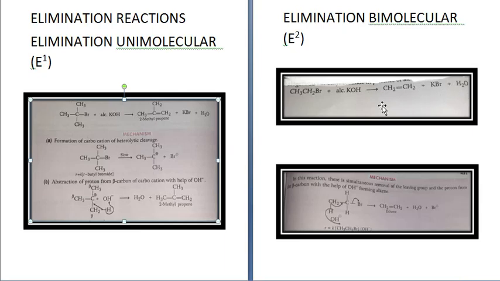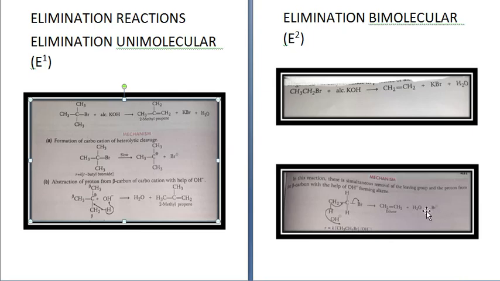Mechanism. So in this reaction there is simultaneous removal of the leaving group and the proton from beta carbon with the help of OH minus, forming alkene. So it forms an alkene, CH2 double bond CH2, and the hydrogen reacts with OH to give you H2O plus Br minus.